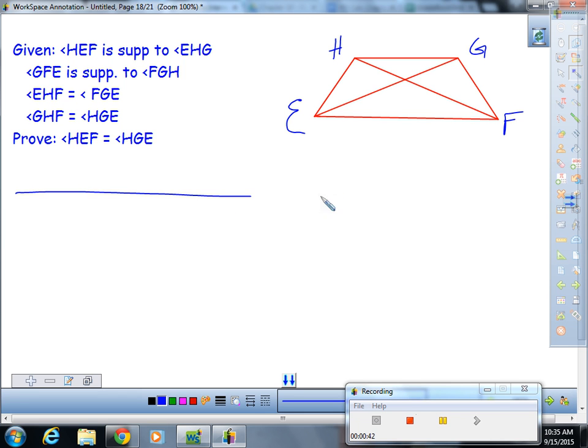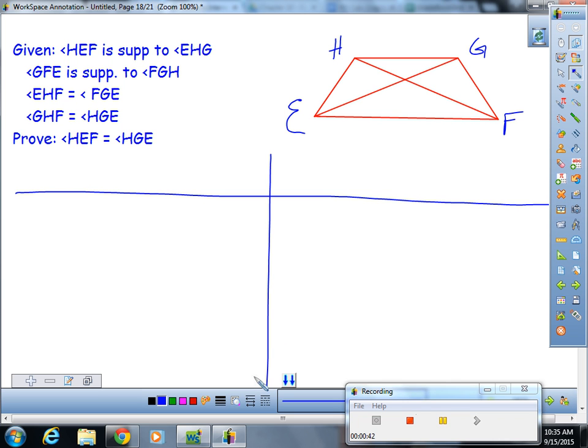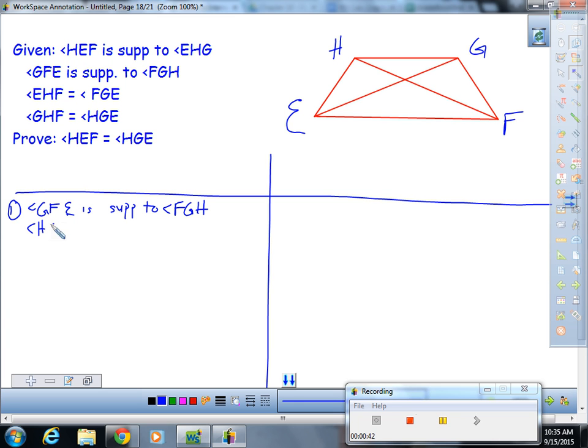So, we are given that angle GFE is supplementary to angle FGH. We know that angle HEF is supplementary to angle EHG.